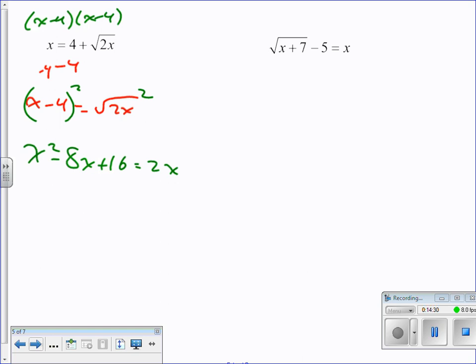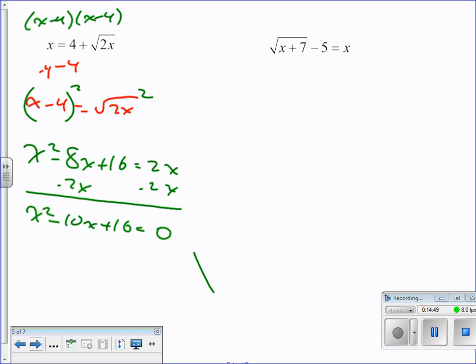To solve a quadratic, my first step is to set it equal to 0. Subtract 2x from both sides. X squared minus 10x plus 16 is equal to 0. Remember how to do this? Two numbers that multiply to give me 16, and when I add them together, I get negative 10. 8 and 2, but they're both negative: negative 2, negative 8.